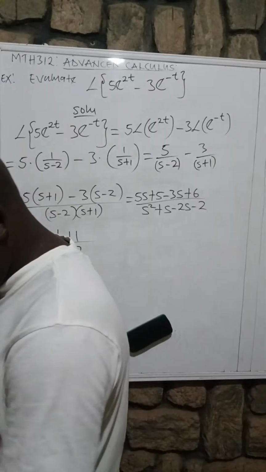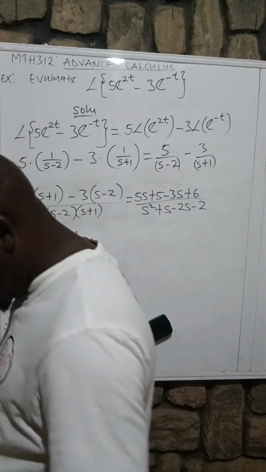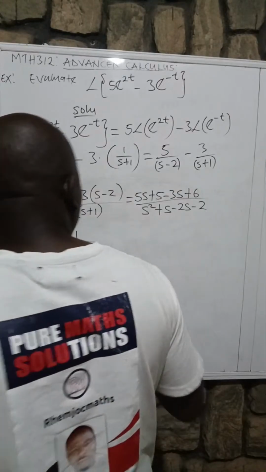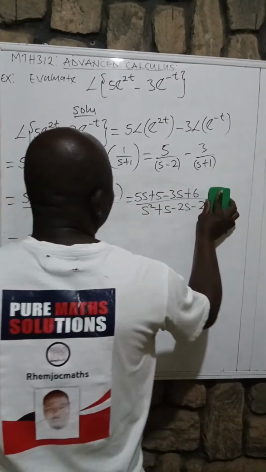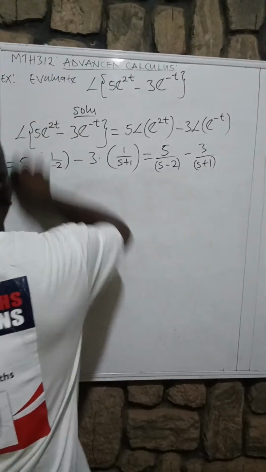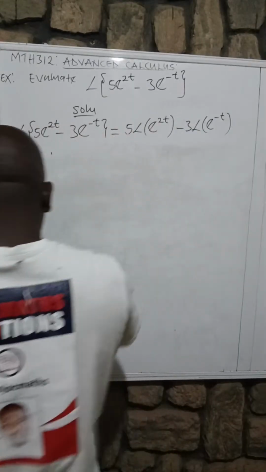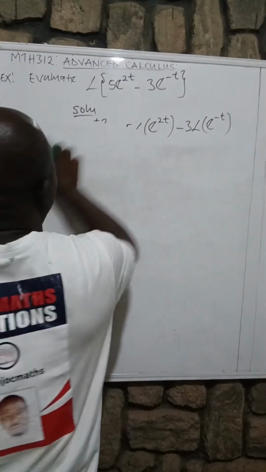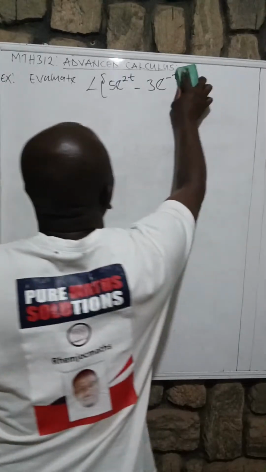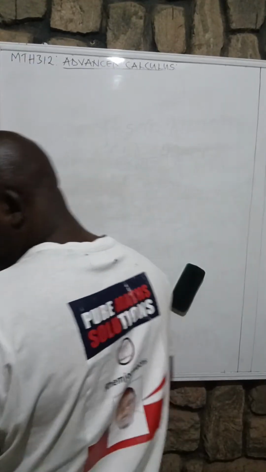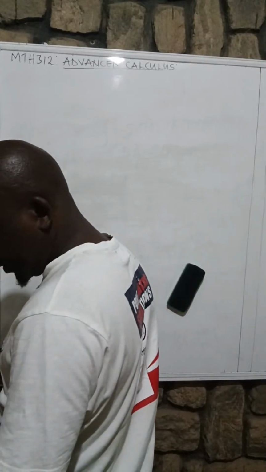Here we are going to find the Laplace transform of, we have beautiful questions here, but by the time we solve all these questions, it will help you to solve some of the past questions, right? Okay, let's look at it together.